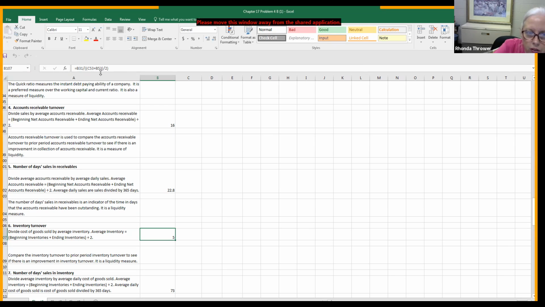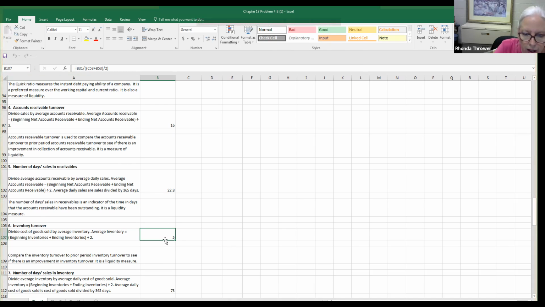The total of these is divided by 2 to find the average inventory. Once you've found the average inventory, you divide it into the cost of goods sold, which is found on the income statement up above, and that will give you 5 times.